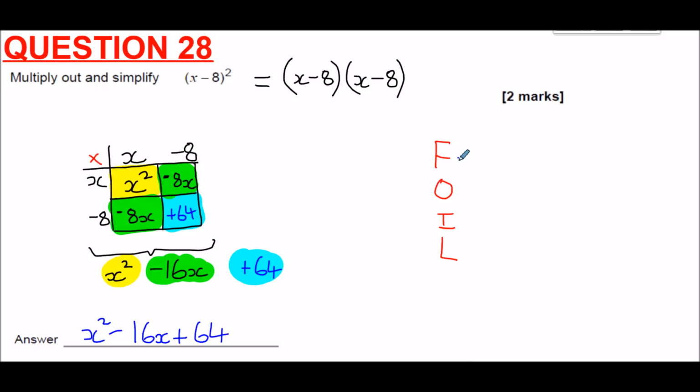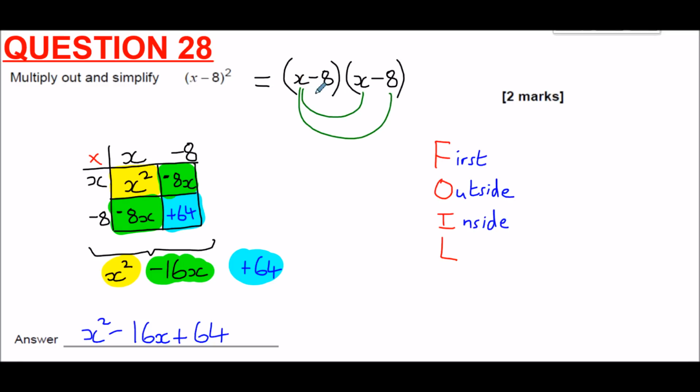Now, F stands for first, so it means the first thing you're multiplying. So the first thing in each bracket is an x. O stands for outside. So the outer bits of your bracket. So in this case, the outer bits are the x and the -8. I stands for the inner bits, the inside parts of the brackets.